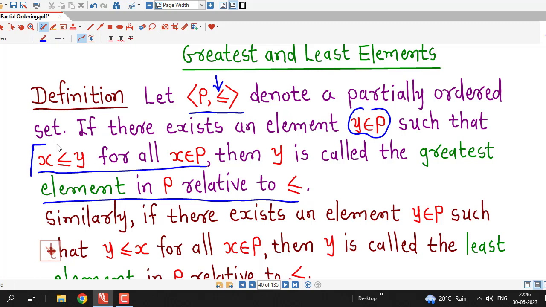If x is less than or equal to y for all x in a given set capital P, then this y is called the greatest element in a poset.